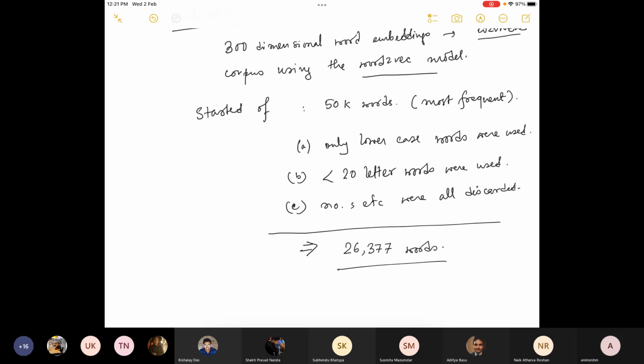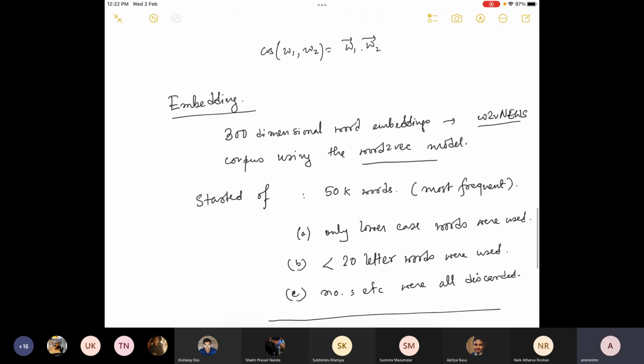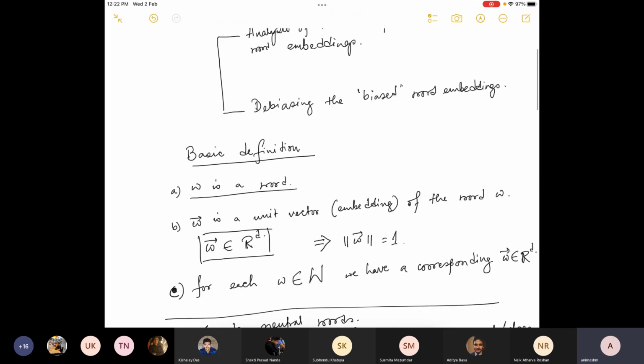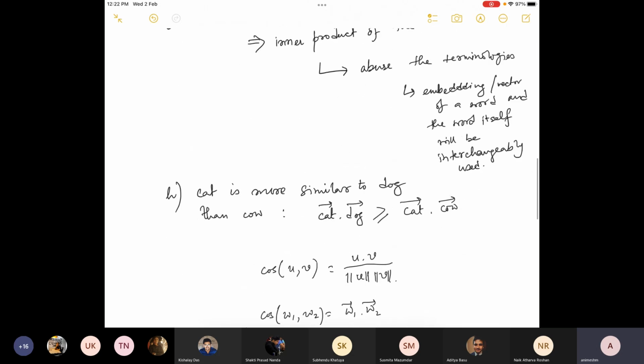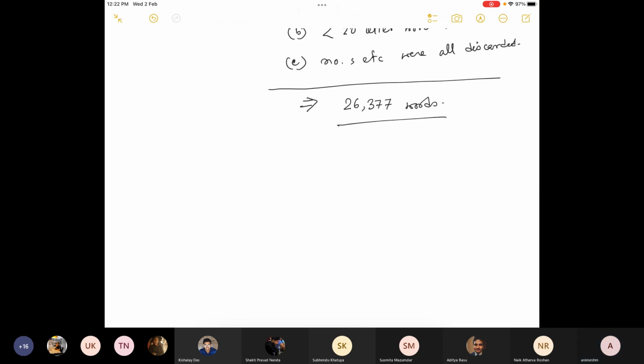Fine. So now, this is the embedding part. So you see how things are developing. First are the basic definitions, then the embedding that they used. Now they need ground truth as to what is a gender biased profession and what is not a gender biased profession and things like that.